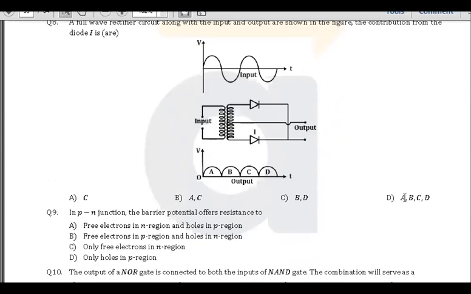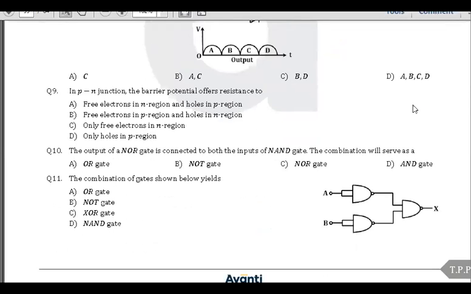All of you should solve TPP. Yes, next class means tomorrow. If you need time, I'll keep a second class. Wait, let me check. Because most of the questions will be logical, you need not spend more time on this.